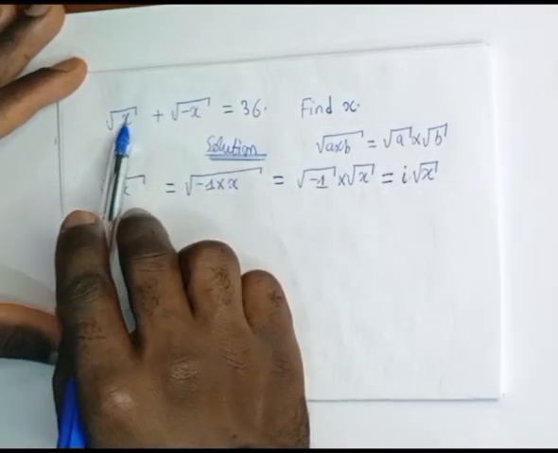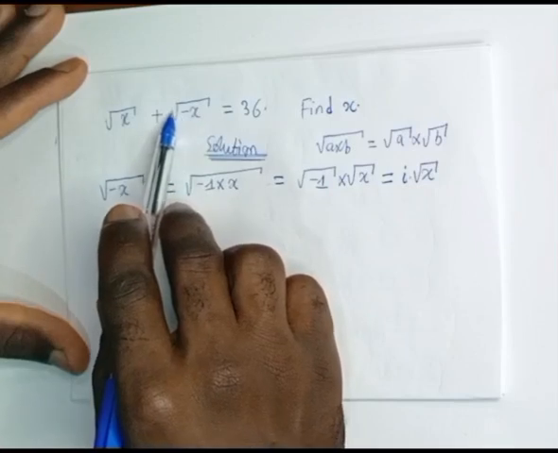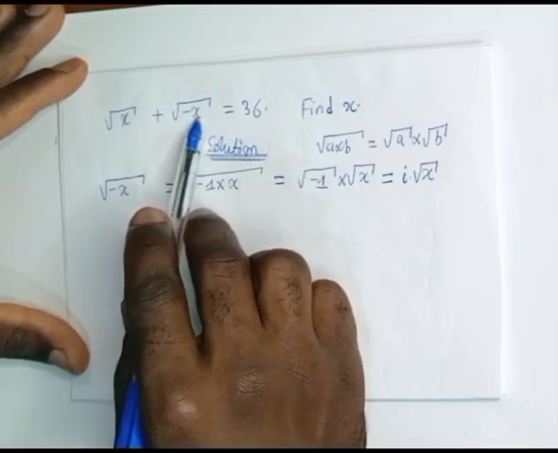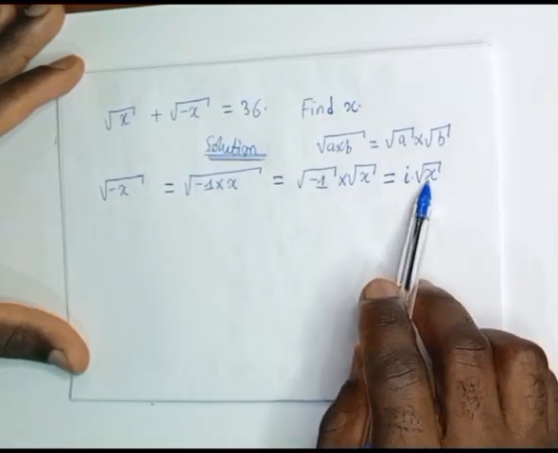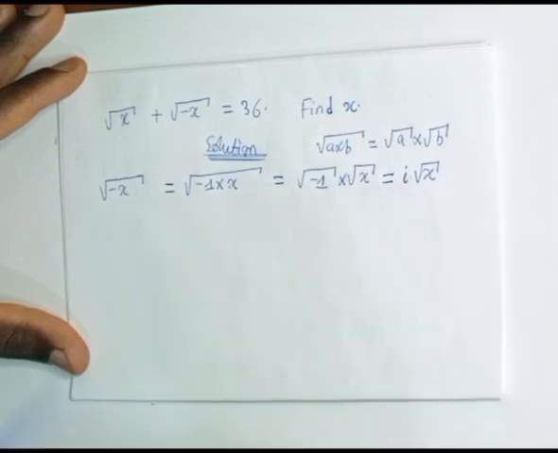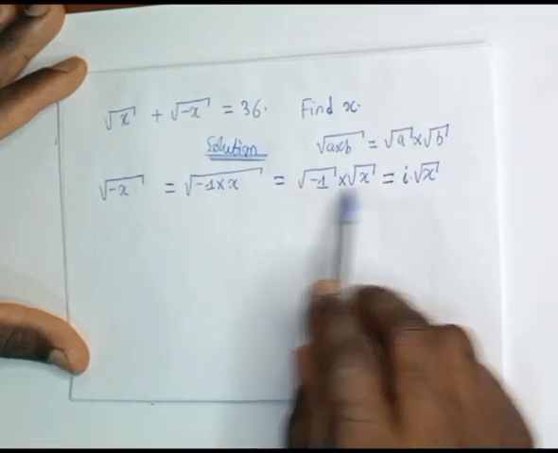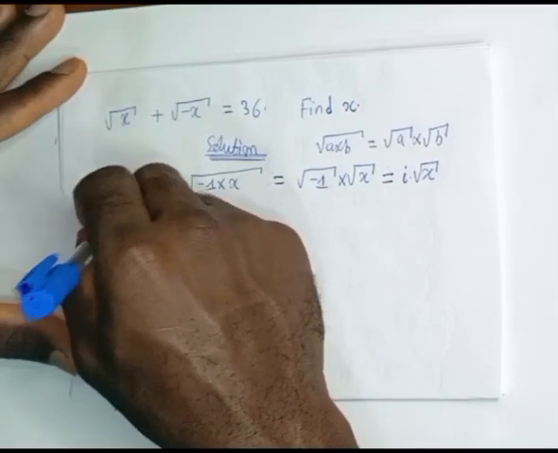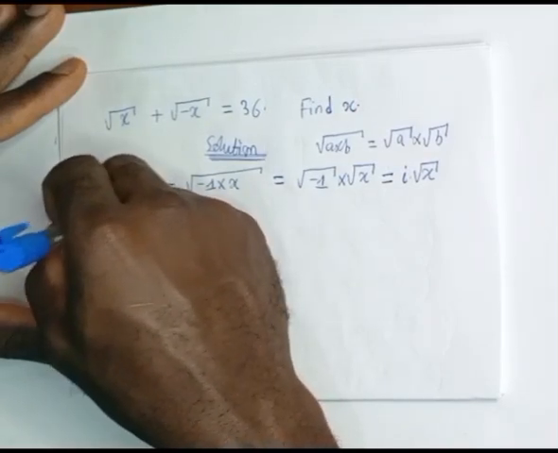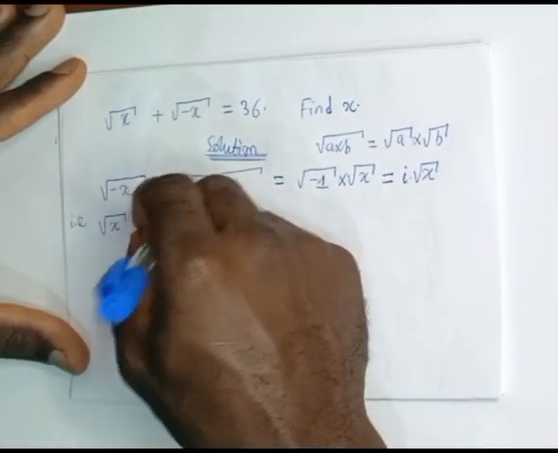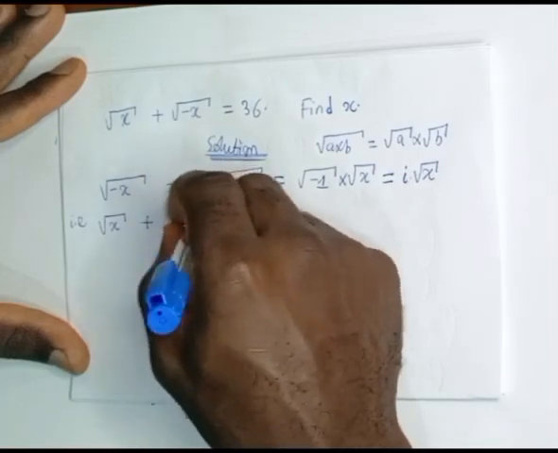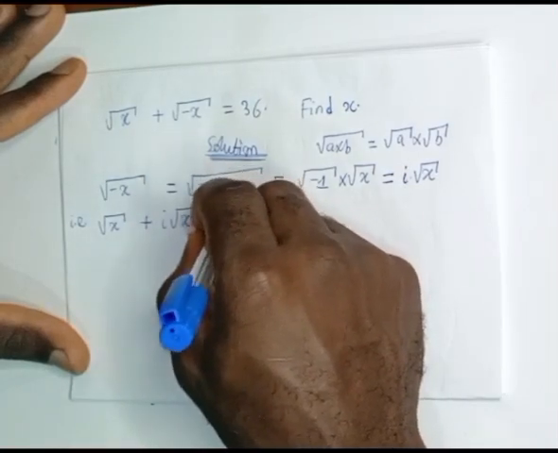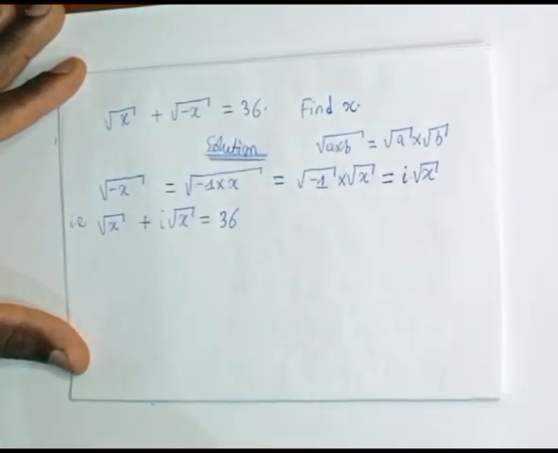In the given equation, we are going to replace the square root of negative x with i root x. Take note, the square root of negative 1 is i. Root x plus i root x is equal to 36.